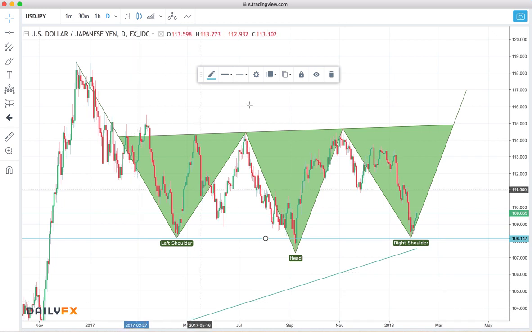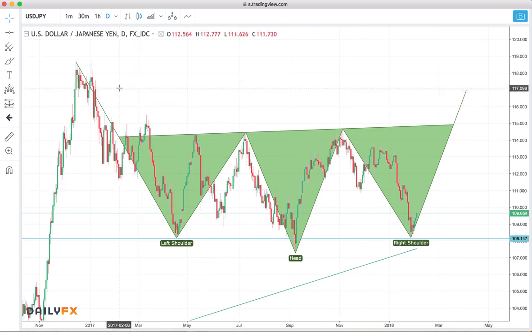All right. So as it says, a head and shoulders pattern is a very powerful reversal pattern. It's extremely reliable. But again, it's not guaranteed, but it is reliable. It has a high probability of coming through.